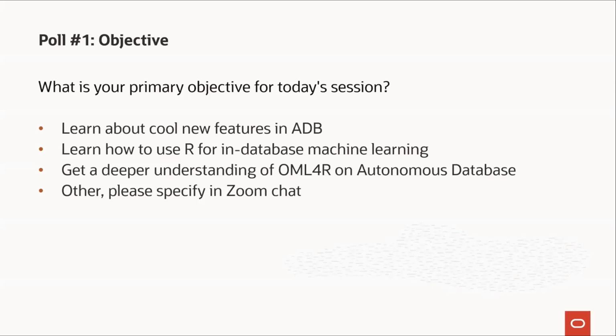So it seems like we've got certainly the interest in getting a deeper understanding of OML for R on Autonomous Database. Over half of the folks interested there. About a third are interested in learning how to use R for in-database machine learning, and some very interested in just cool new features for Autonomous Database. All right, well, thank you very much for participating in our poll, and we will continue.